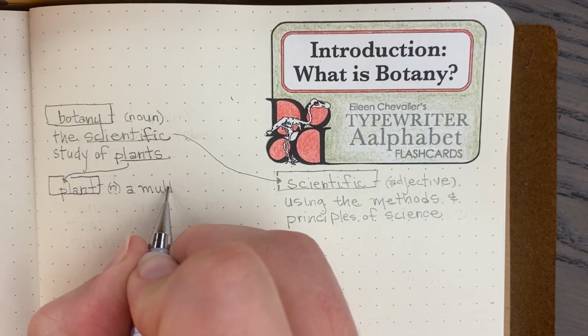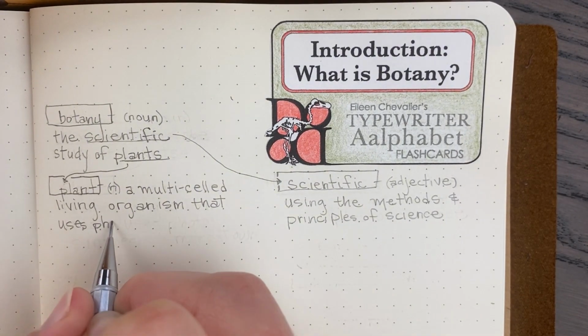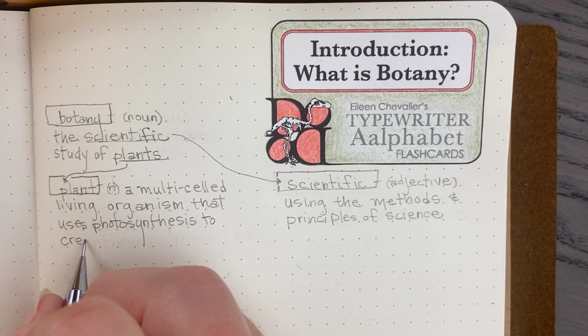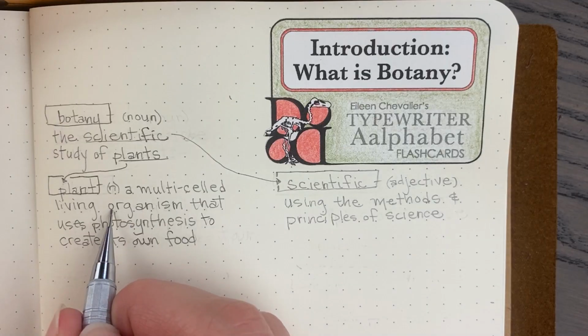Sometimes this is actually a little tricky. A plant is a multi-celled living organism that uses photosynthesis to create its own food. There are cells that use photosynthesis that are not multi-celled, so those are not plants. Plants are multi-celled organisms.